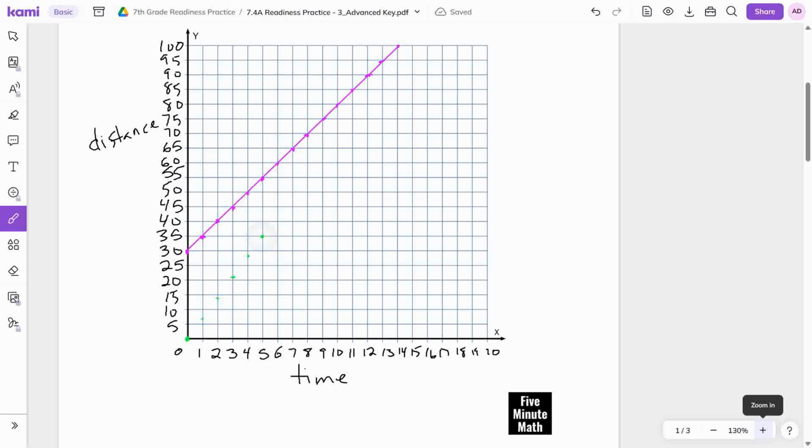I can get right there, 35, right? So that's going to help. So now I've got 42. 49 is almost 50. I've got the 56, just past the 55. I've got the 63. And then I'm at 70. So we're getting closer.